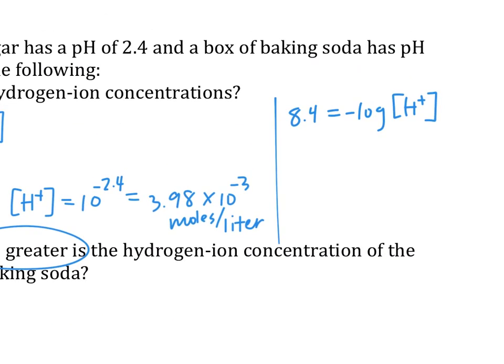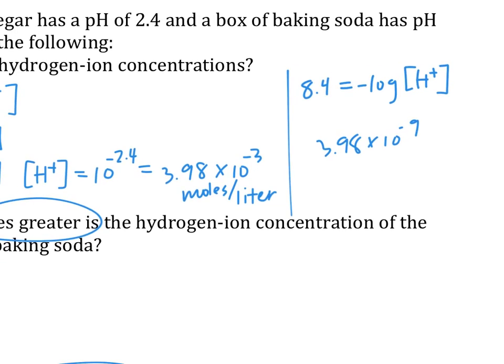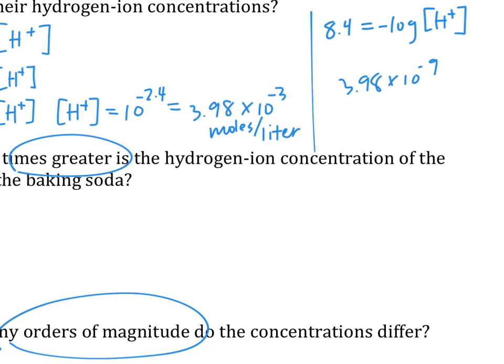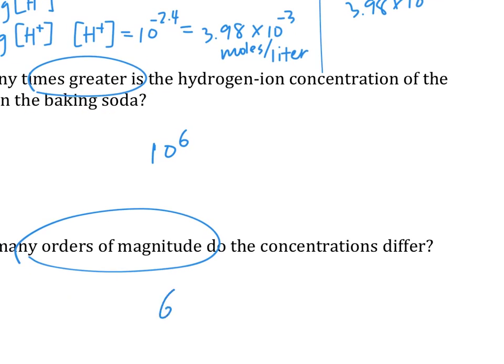So in baking soda, it's 3.98 times 10 to the negative 9. So the amount of times it's worse or bigger is 10 to the 6. That means 6 orders of magnitude.